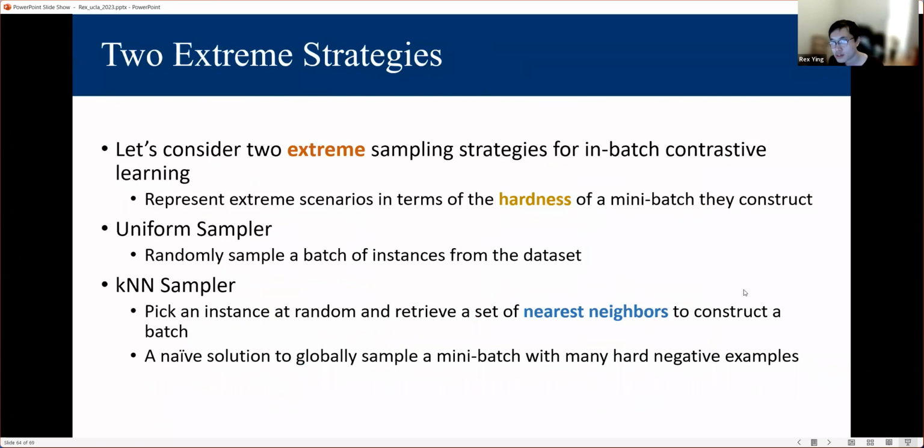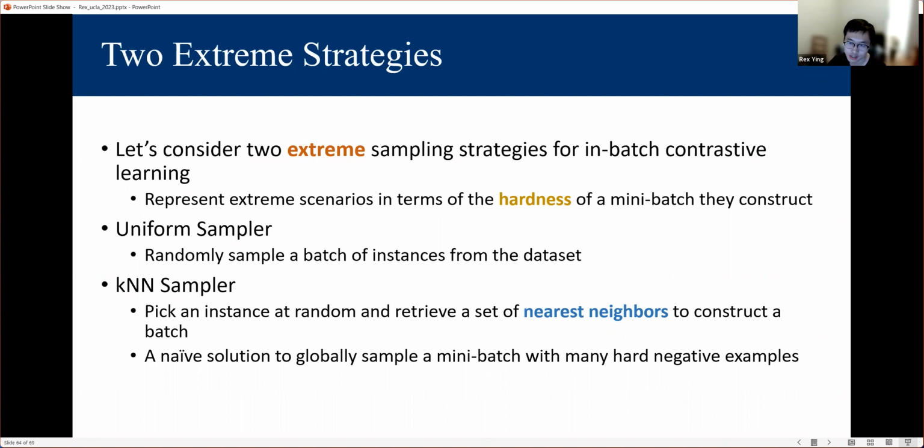And we consider the choice of hard negatives as two extremes. The first extreme is that we don't make any effort. We just do uniform sampling. We randomly sample a bunch of instances, and any of these instances in the batch will be used as negative examples for other pairs, right?